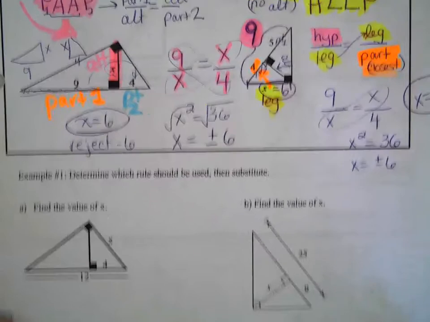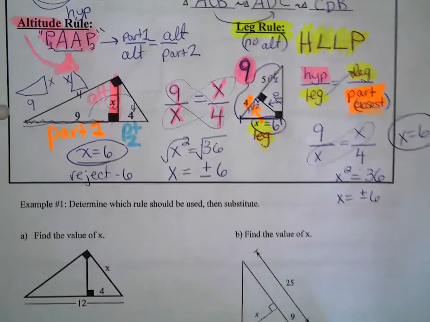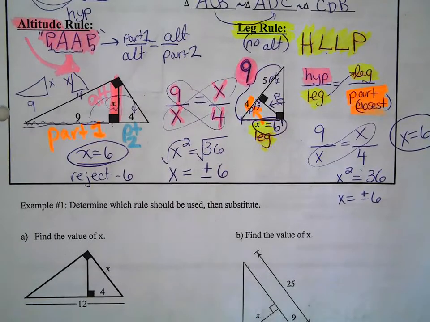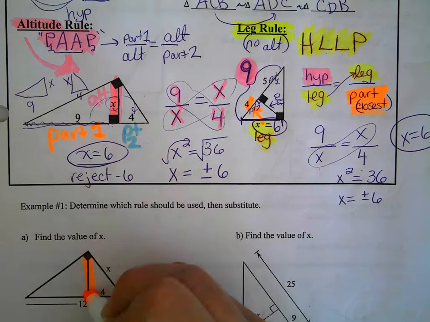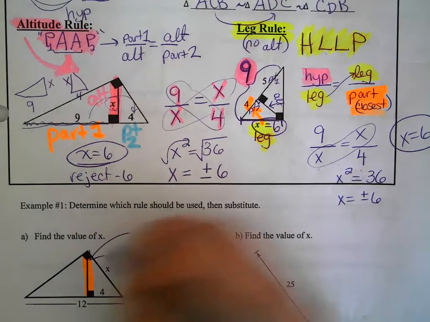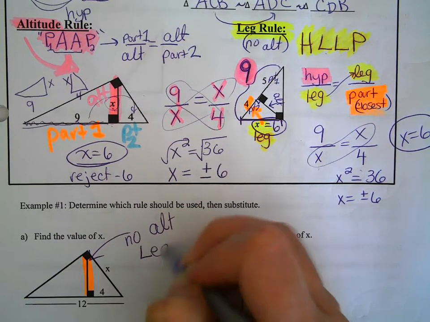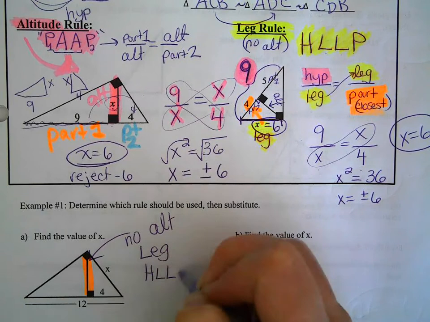So looking at exercise 1, we have to decide which rule to use, the altitude rule or our leg rule. So looking at this picture, is there anything next to my altitude? No altitude means we use the leg rule, HLLP.